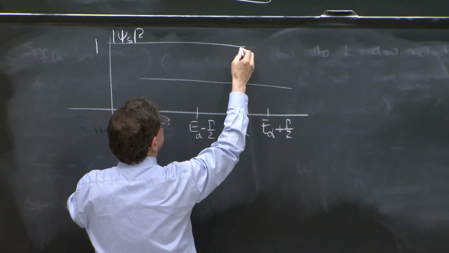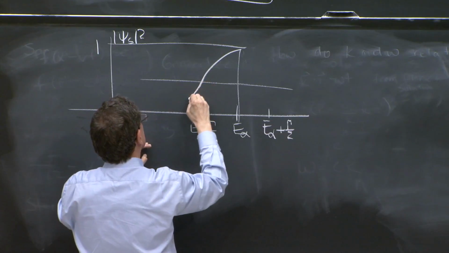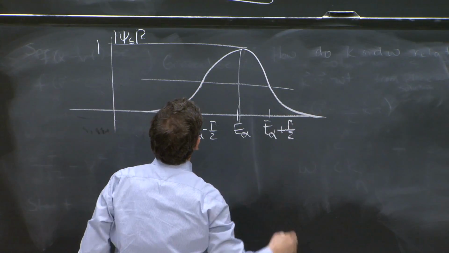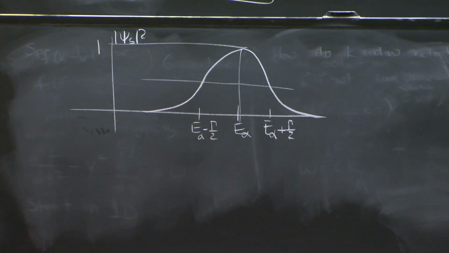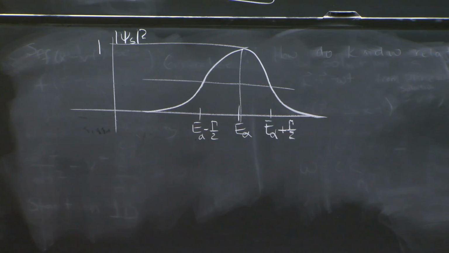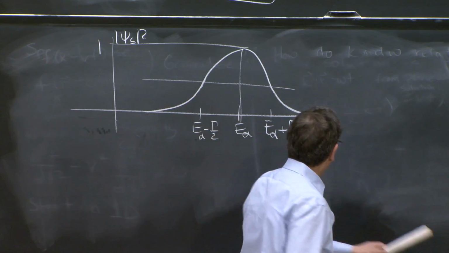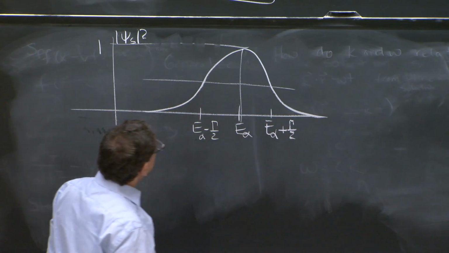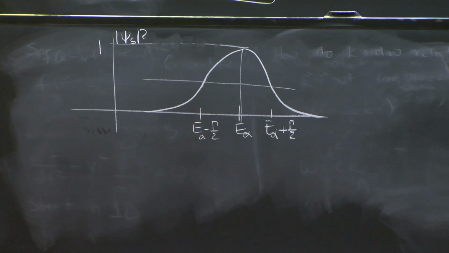So, actually, I'm not sure if the inflection point is where it is. Probably not there. Or is it there? I don't know. I drew it as if it is there. So, that's the distribution.